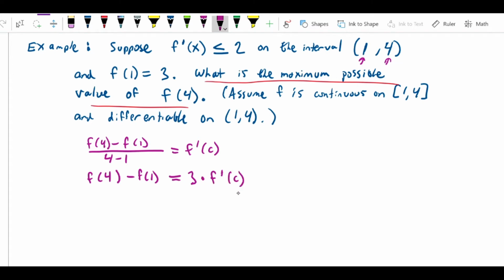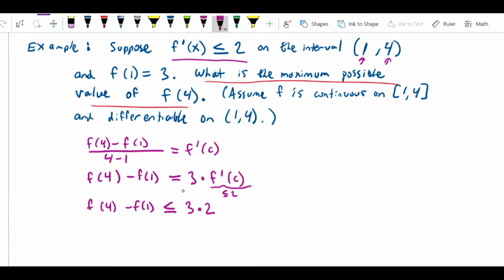Now, what's the information that we're given? We're given that f prime of c has to be less than or equal to 2. So if this is less than or equal to 2, then f of 4 minus f of 1 must be less than or equal to 3 times 2.